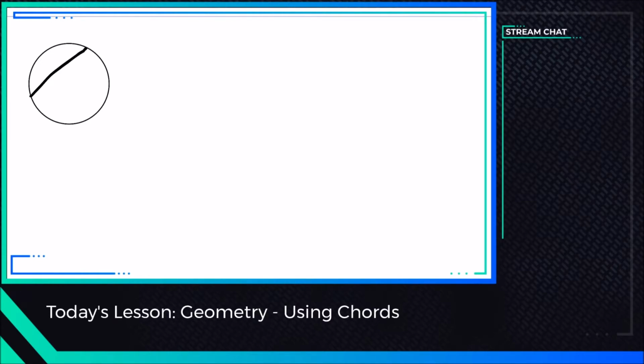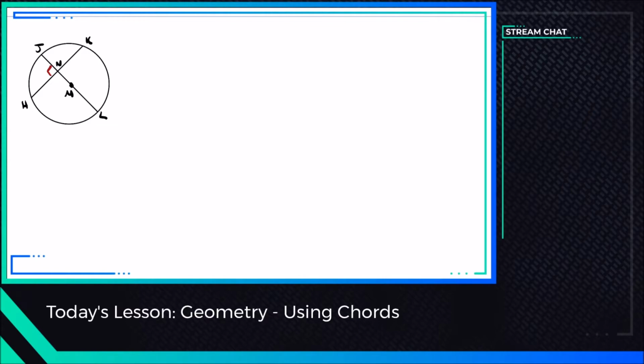We're going to have a chord running from here to here. That's going to be called chord HK. And we're going to have a diameter running across right here, intersecting circle M and intersecting that chord at N. We have J and L as its endpoints, and it also intersects at a 90-degree angle.